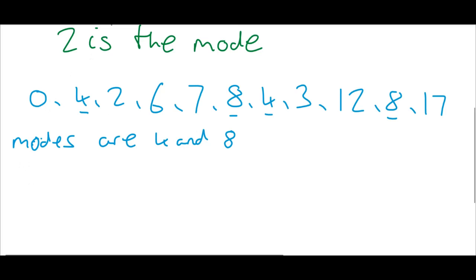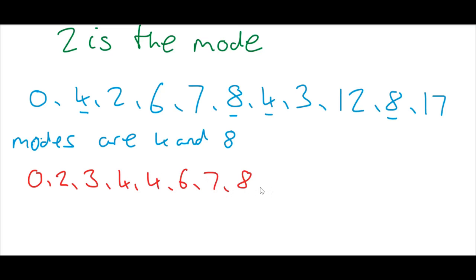And to find the median, remember we have to put them in order. So here we get 0, 2, 3, 4, and remember if the thing appears twice, you have to put it twice, 4, 6, 7, 8, 8, 12, and 17. Okay, then we cross out.